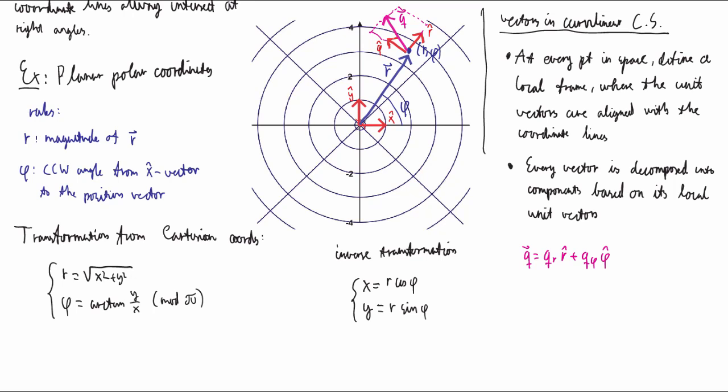And in order to do that, we have to come up with expressions for r hat and phi hat. The easiest way to do that is to find expressions for them in terms of x hat and y hat, the coordinate system of the global frame. So just to be clear here, this is our global frame. Over here we have the local frame.